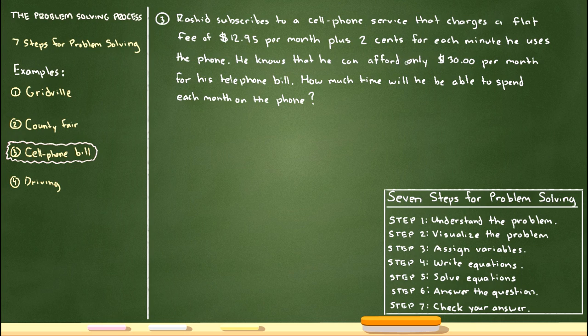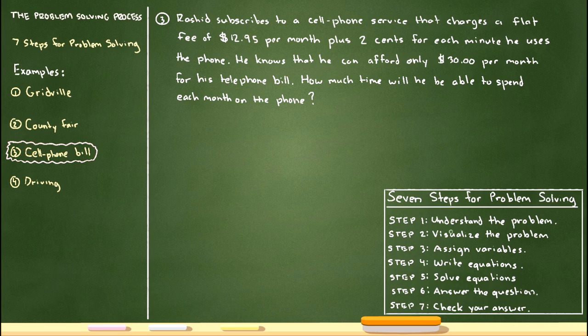So, what that means, you want to make that connection, is there's going to be a restriction to how much he could talk on the phone, right? Because he's being charged 2 cents for each minute. So it's not like he could talk for an unlimited amount of time, right? He only has a finite amount of money here, $30. So, he may want to figure out how much he could talk on the phone, and that's exactly what the question is asking. How much time will he be able to spend each month on the phone? So that's understanding the problem.